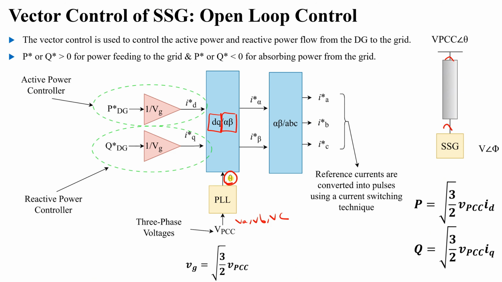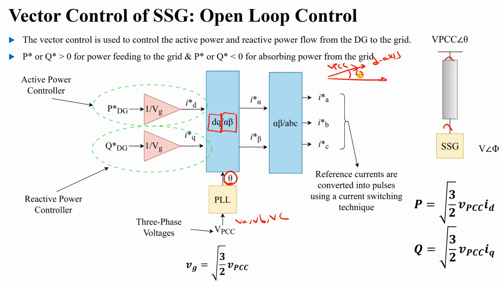Why angle theta? Again, if you remember, when we select the angle theta for transformation, we make the d-axis on VPCC, right? The d-axis on the angle of transformation is the angle of VPCC, or the angle of the vector itself, right?